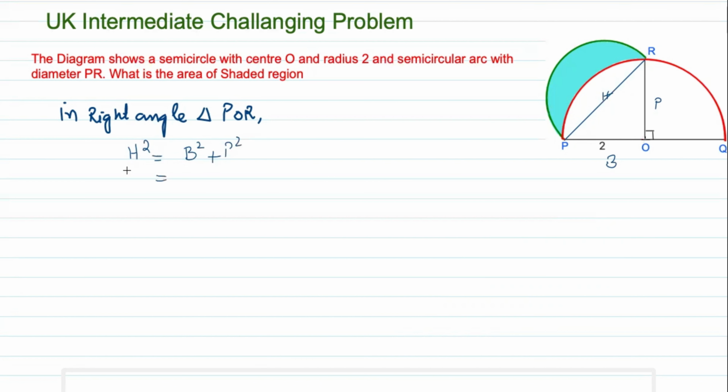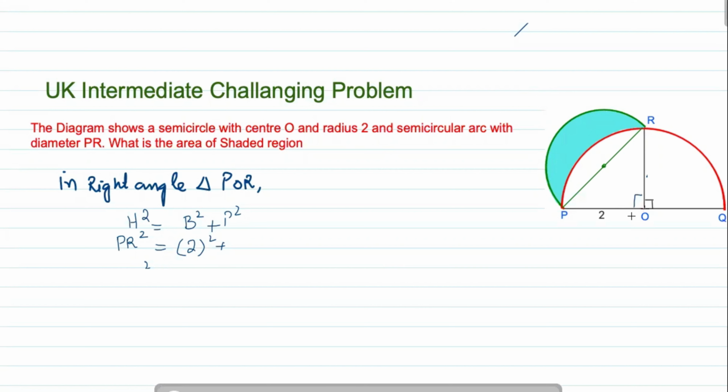Now you see here the hypotenuse length is PR square and base length is PO, that is 2 square. Now the perpendicular length, you see here, this is OR.